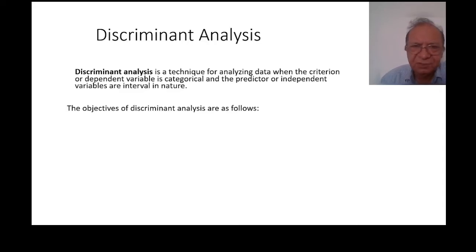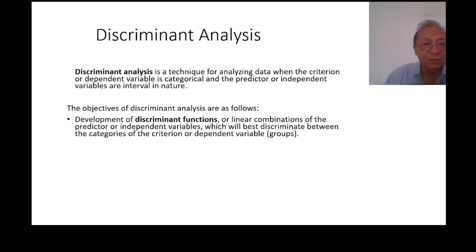The objectives of discriminant analysis are development of a discriminant function, or linear combination of the predictor or independent variables, which will best discriminate between the categories of the criterion or dependent variable. As in regression we get the equation, similarly we will get the discriminant function here.